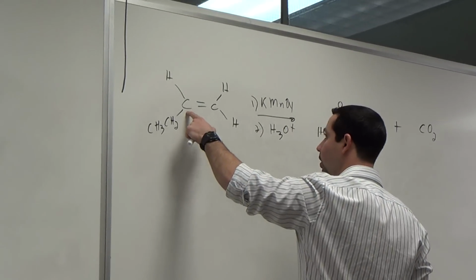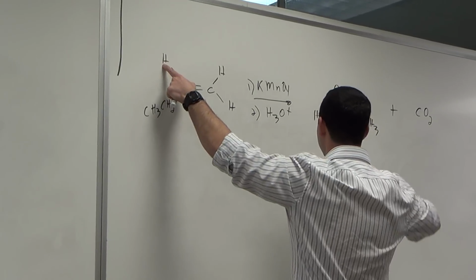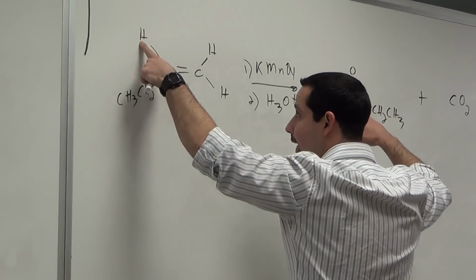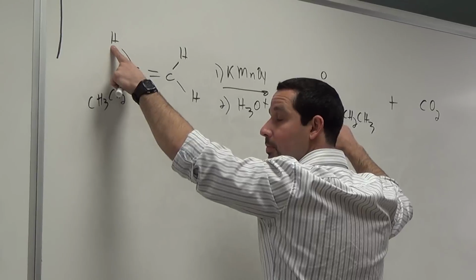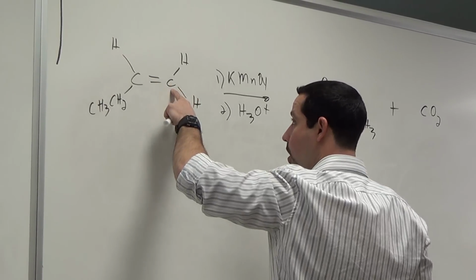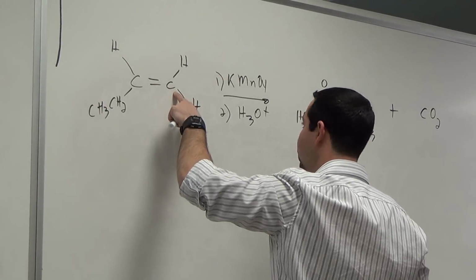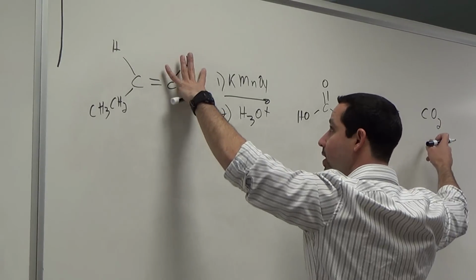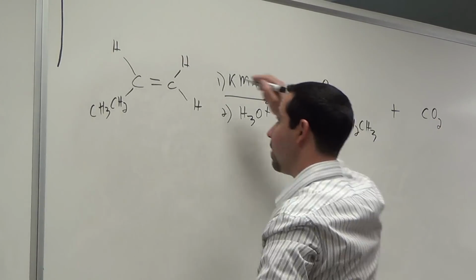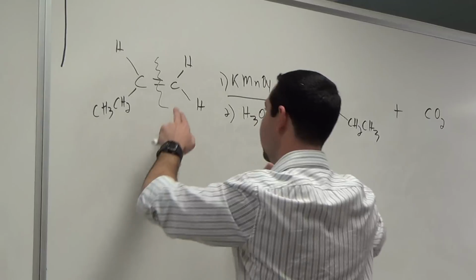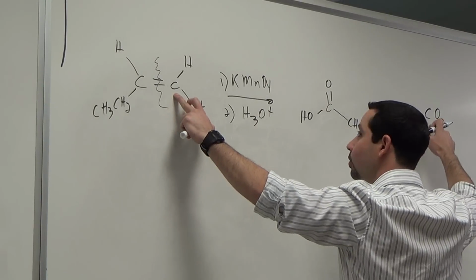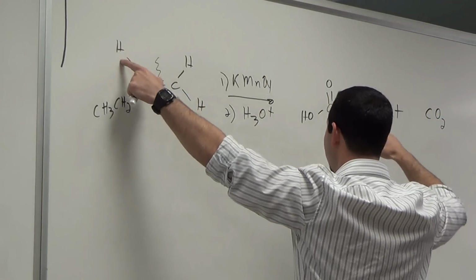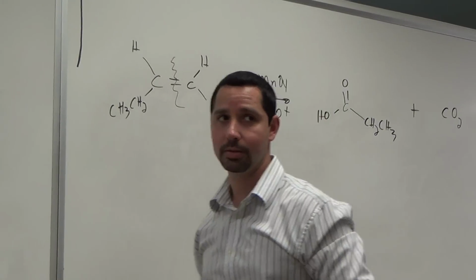If the carbon has a hydrogen, you are going to get a carboxylic acid, not an aldehyde. But if the carbon has two hydrogens, then you are going to get CO2. So this side of the double bond, after you break it, will form CO2, while that side with one hydrogen will form carboxylic acid.